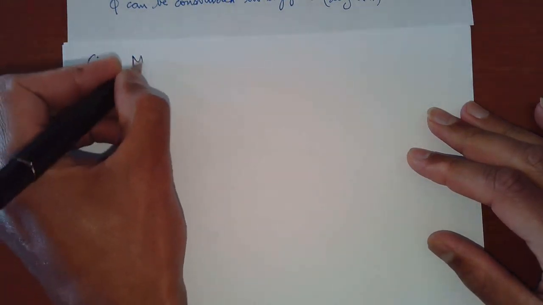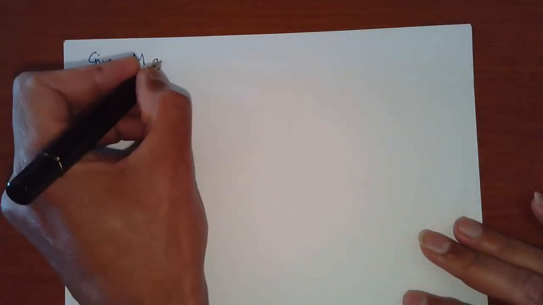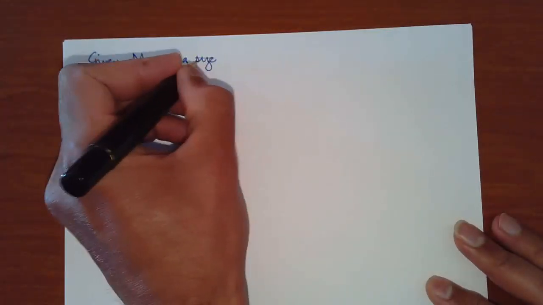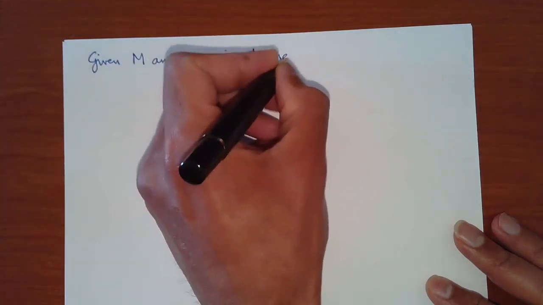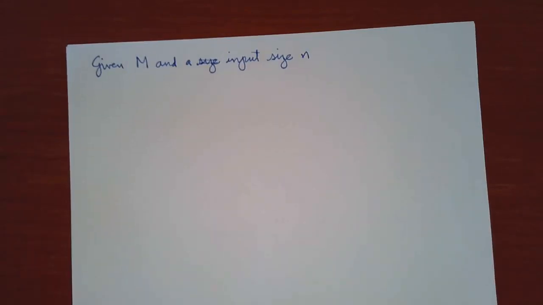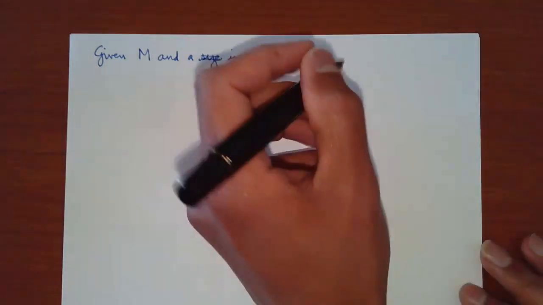Given m, and you don't even need x, right? You can construct, given a machine and an input size n. So you're given this machine and you're given an input size n.